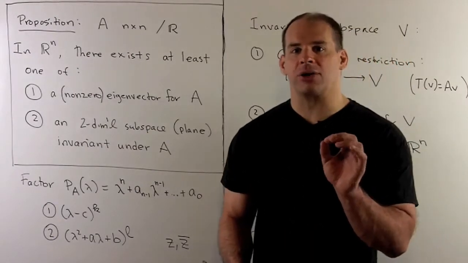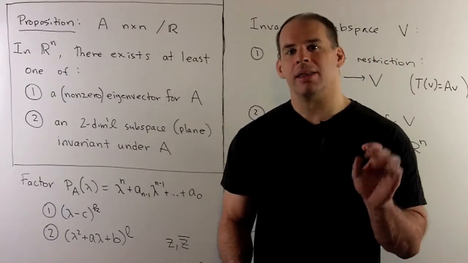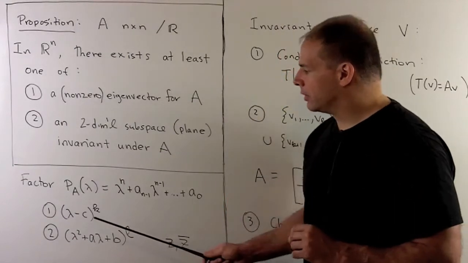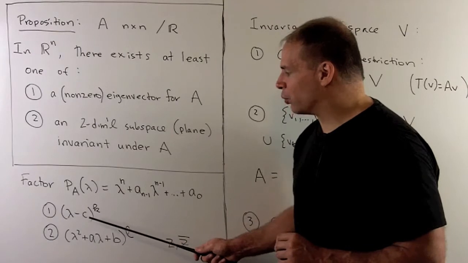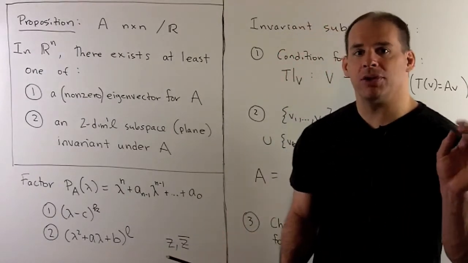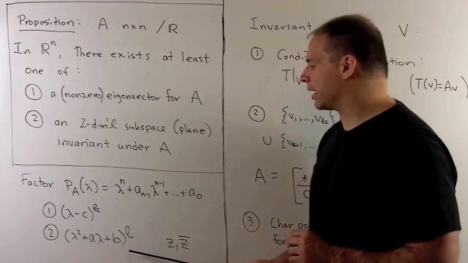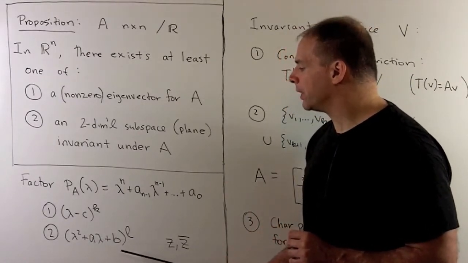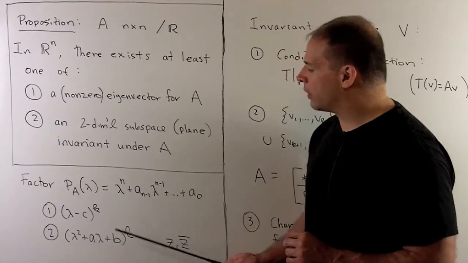If we insist on factoring over the real numbers, then we get two types of terms. We'll still have terms of the form lambda minus a real number raised to some power, but we'll also have terms that are irreducible quadratics. They will be of the form lambda squared plus a lambda plus b, where a and b are real, raised to some power.